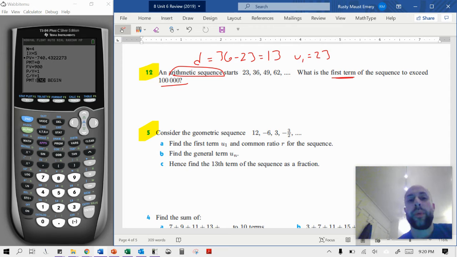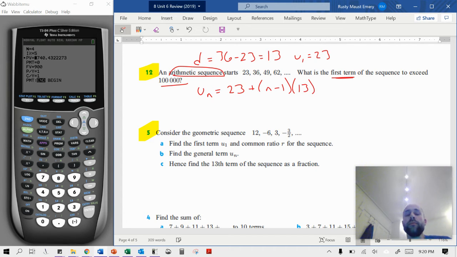So let's fill in what we know. We know u sub n equals my initial term plus n minus 1 times our common difference. And what we want to know is the first term to exceed 100,000.